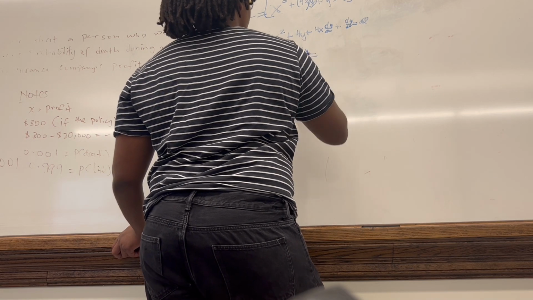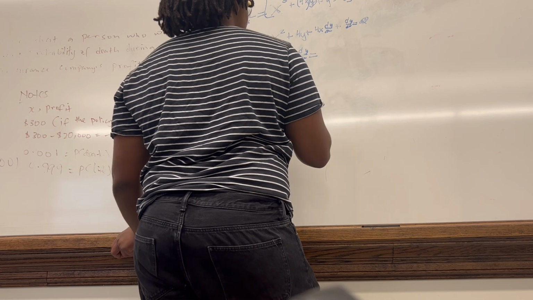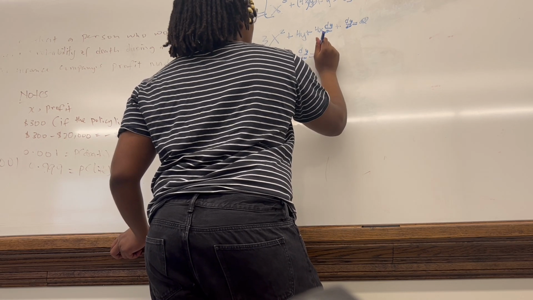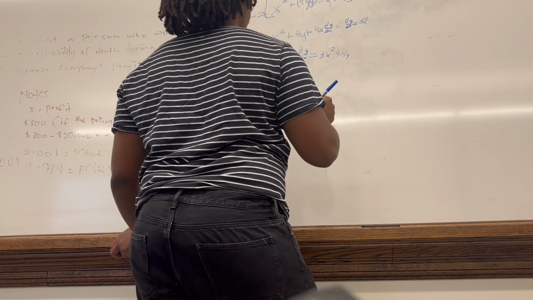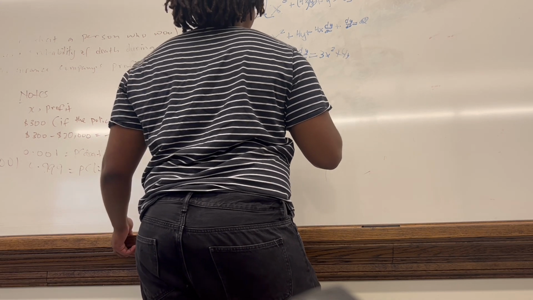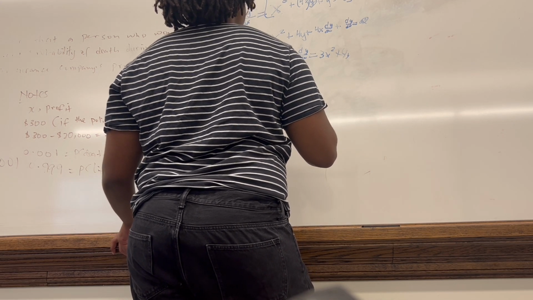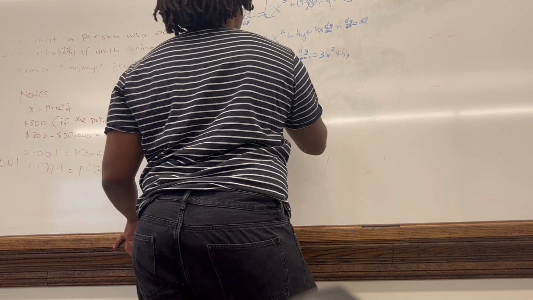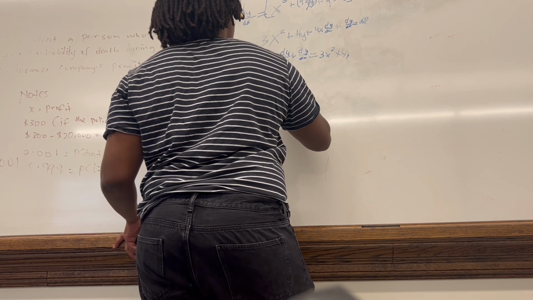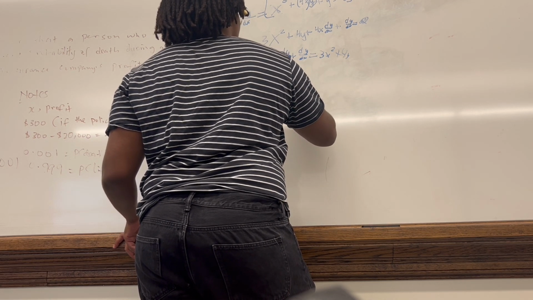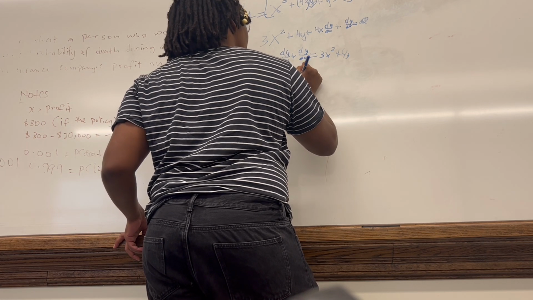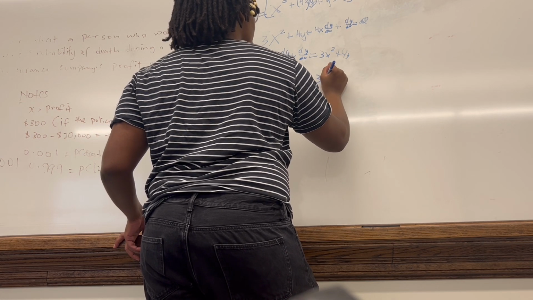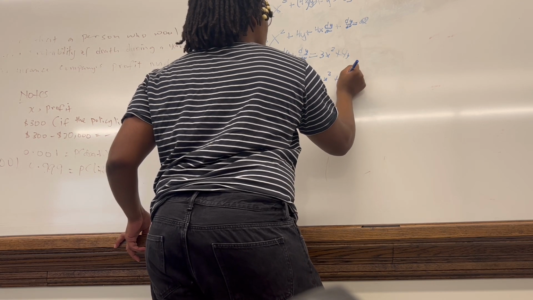You're going to want to put dy dx on one side of the equation, and then 3x squared plus 4y on the other side. And then now you're going to take out dy dx, which would be dy dx times 4x plus 1 equals 3x squared plus 4y.